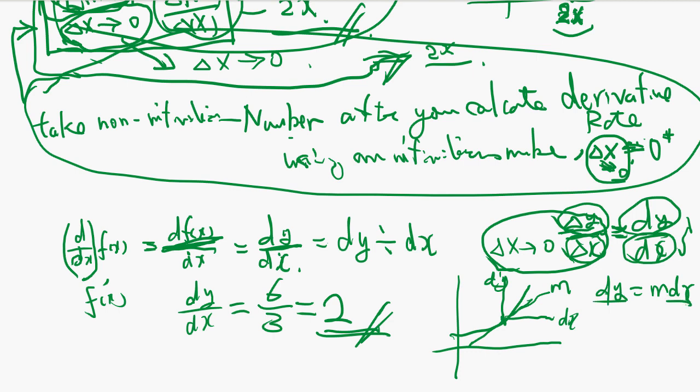Okay, so you start a new coordinate here, dy equals m dx. Dx and dy can be any value, but the ratio is m, which is this one. Nowhere in this formula does it say dy and dx are very small infinitesimal numbers. No, the ratio is equal. Only the ratio is equal.